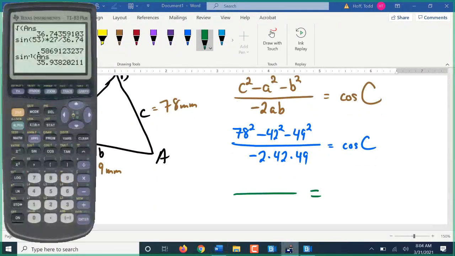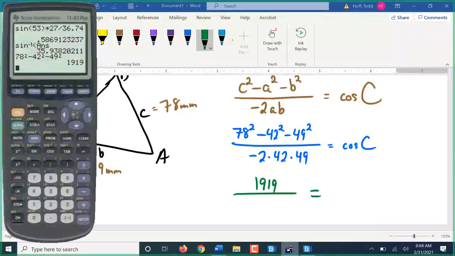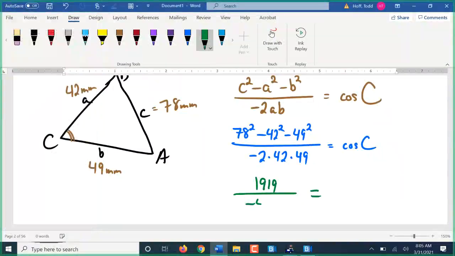I'm going to do 78 squared minus 42 squared minus 49 squared. 1919. On bottom, negative 2 times 42 times 49, negative 4116.